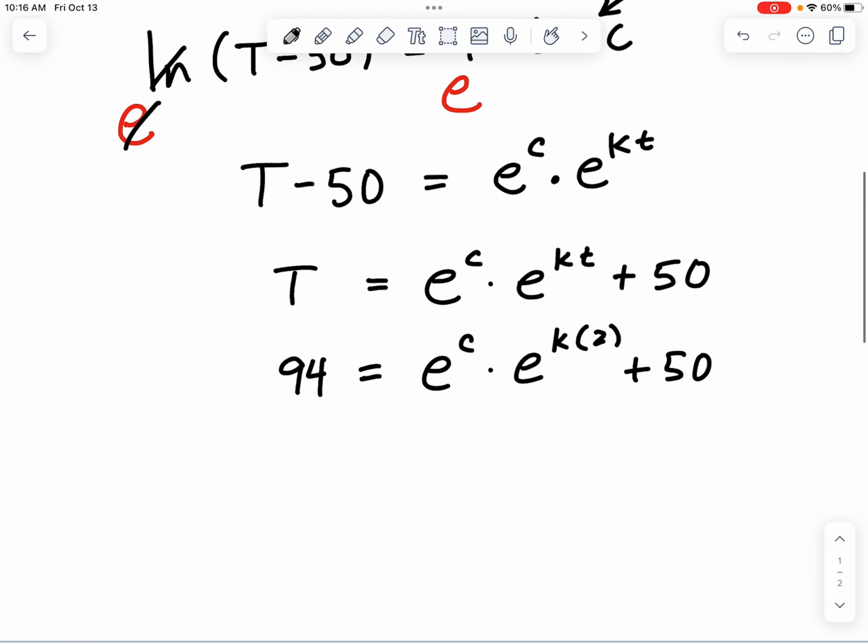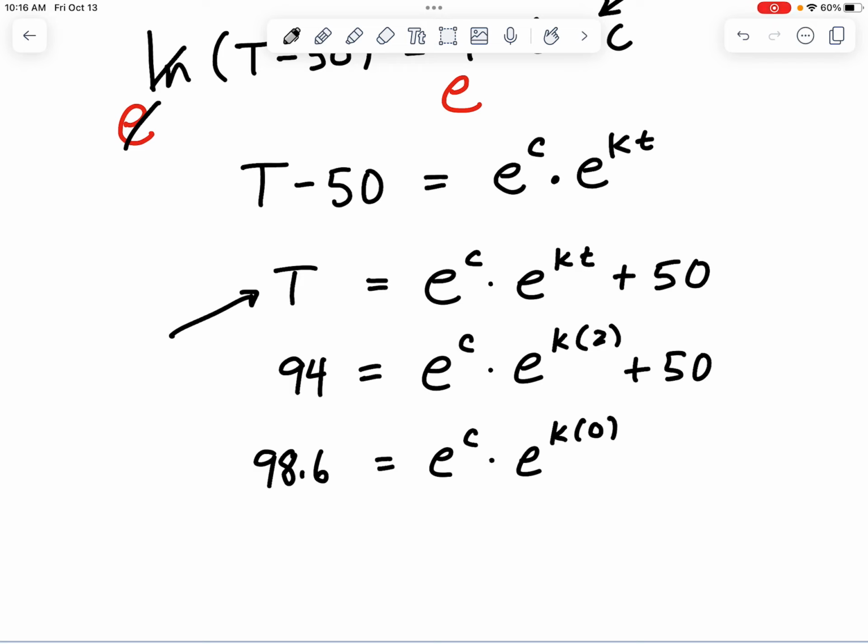So just go back to this equation and say if the temperature is 98.6, then the time is 0. And then we would have this part becomes e to the 0, and that's just a 1.